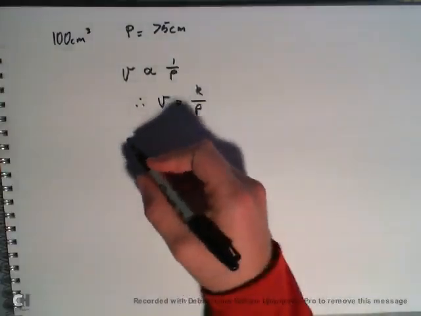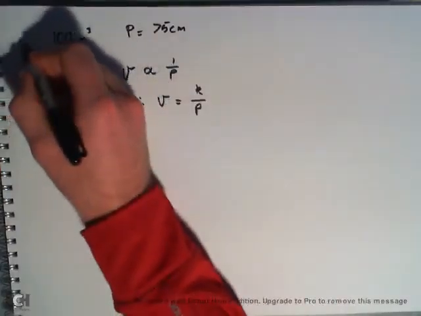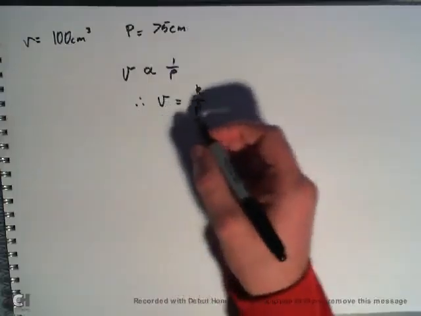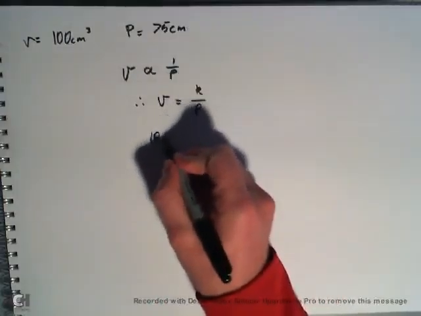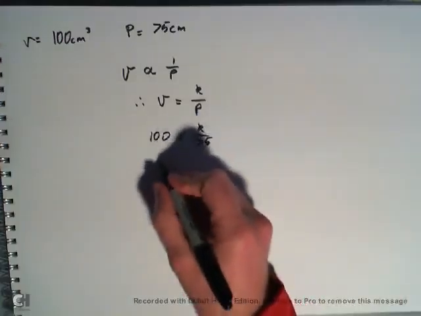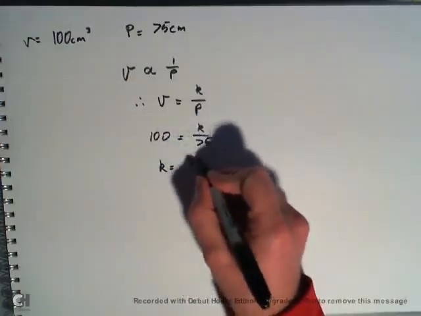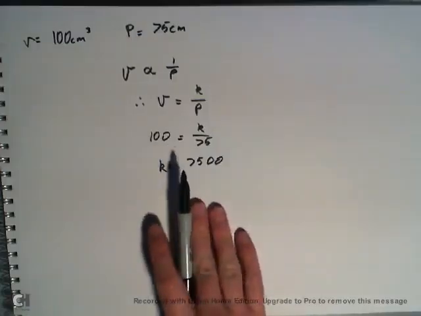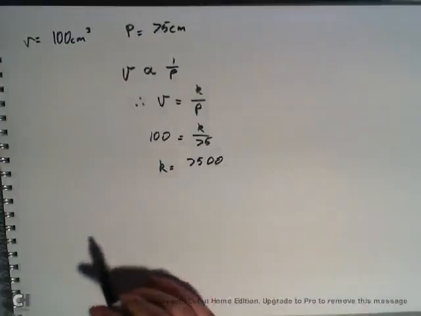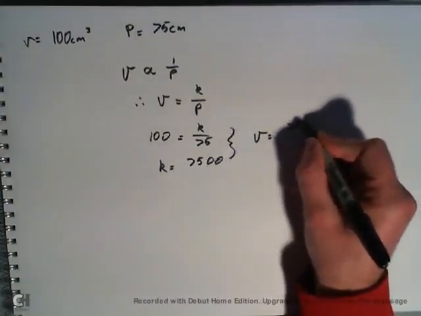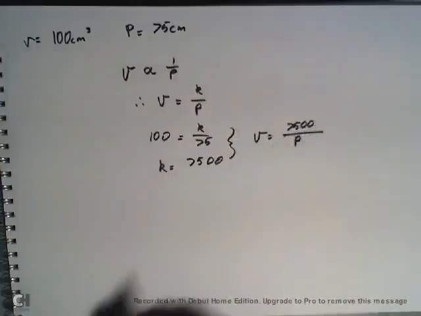We should actually have our volume as 100, not 50. So subbing in those values, 100 equals k over 75. So what's k equal to? That would be 7,500. Pretty straightforward, just sub in the values. So from that, our V is 7,500 over P.